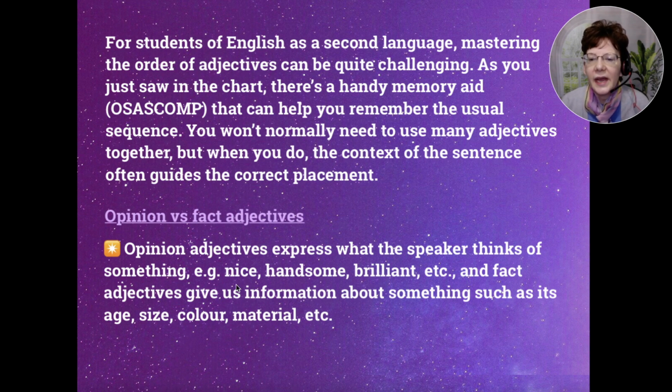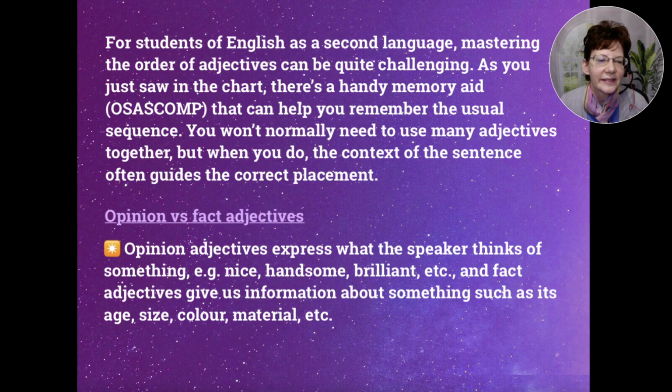Opinion adjectives express what the speaker thinks of something. For example, you think it's nice, handsome, brilliant, of a thing or person. And fact adjectives give us information about something such as its age, size, color, material, and so on.